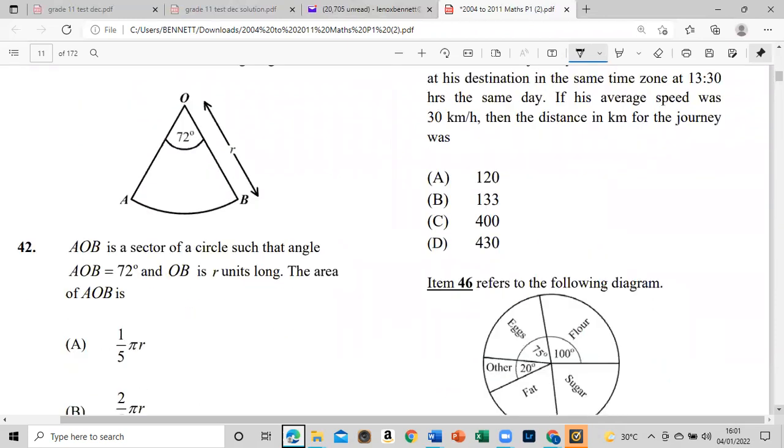AOB is a sector of a circle such that the angle AOB equals 72 degrees and OB is one unit. The area of the circle is angle over 360 by r squared.